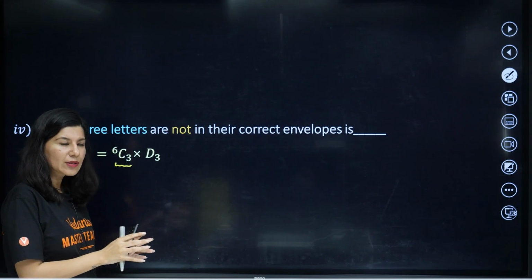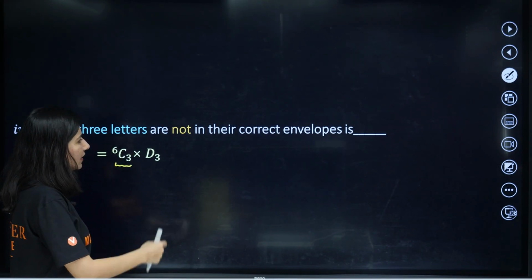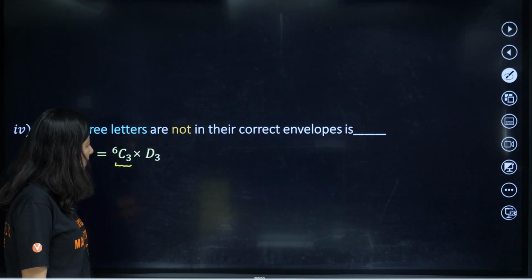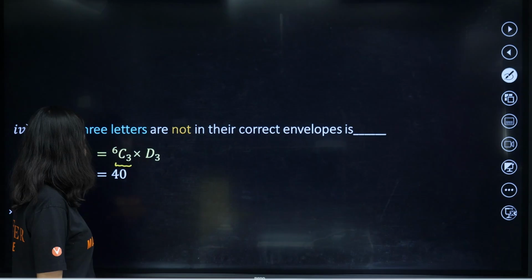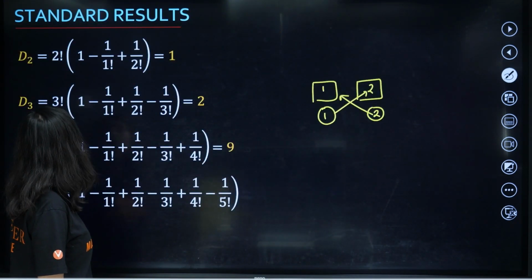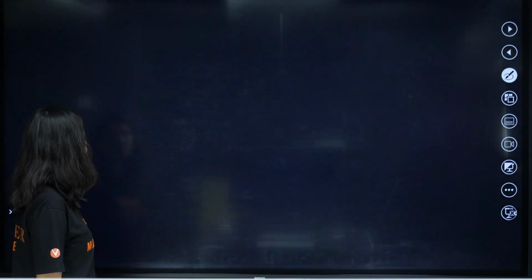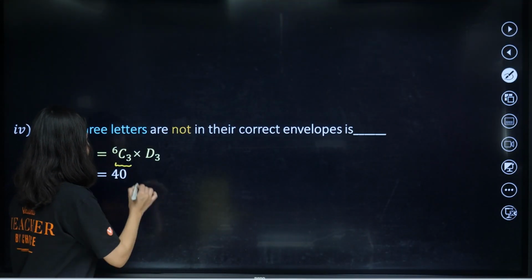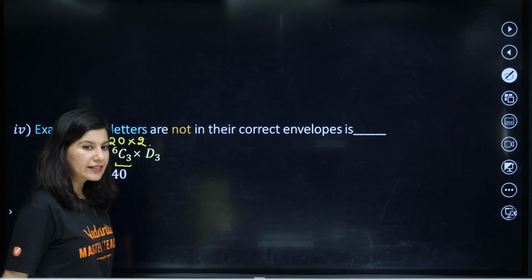Now 1, 2, 3, suppose you have selected, so those 3 can be deranged by D3. D3 is 2. So this is 20 into 2, 40. Derangement done.